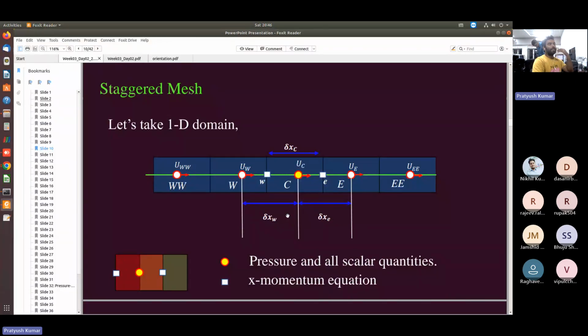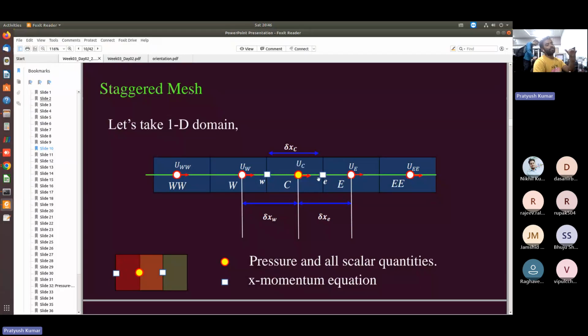Okay, so in the staggered method, pressure and other scalar quantities are given at the cell center, but for the momentum equations that we are going to solve, the velocity components are assigned at the face center.